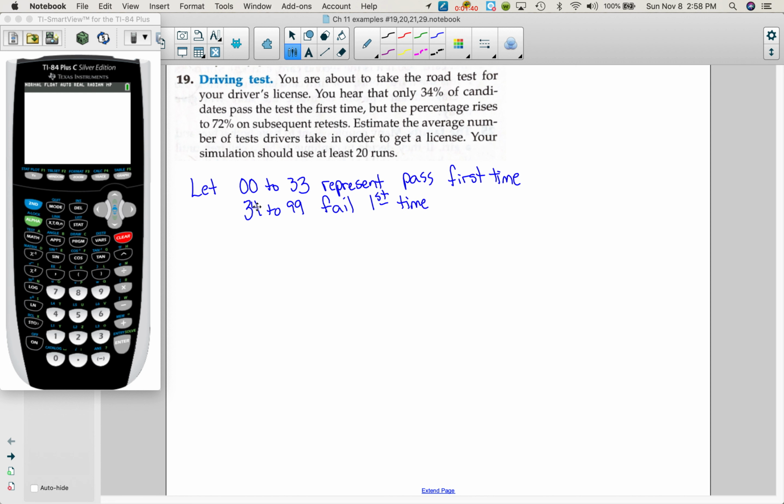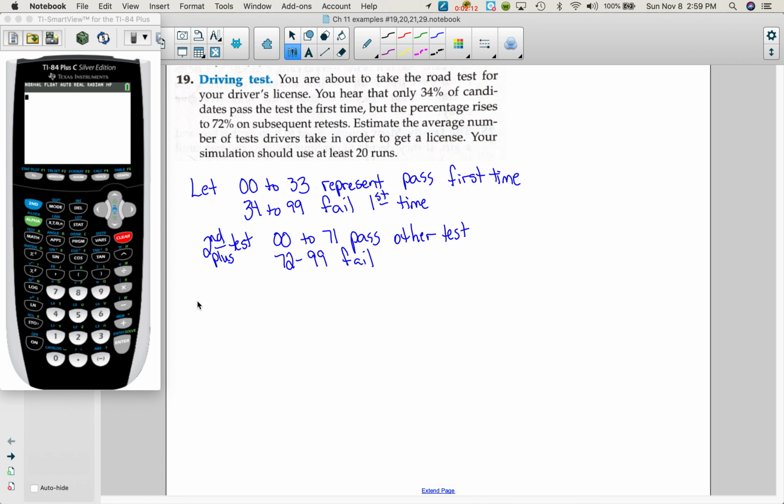Then if we need a second test, so for the second test, or second plus, because it's all the additional tests, 00 to 71 would be pass other test, and 72 to 99 would be fail.